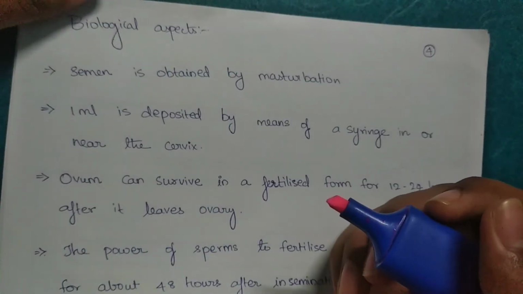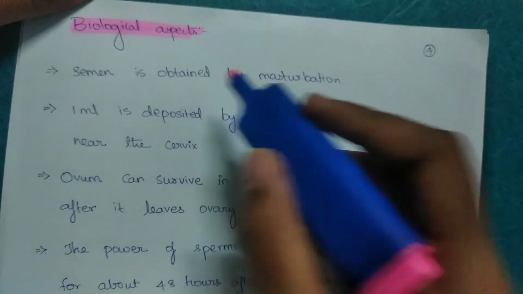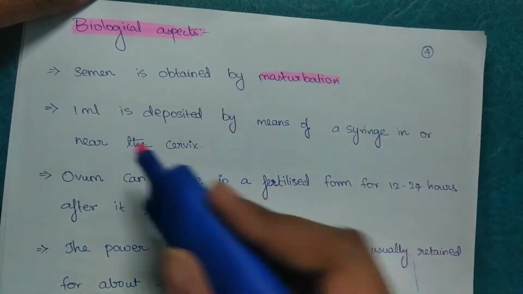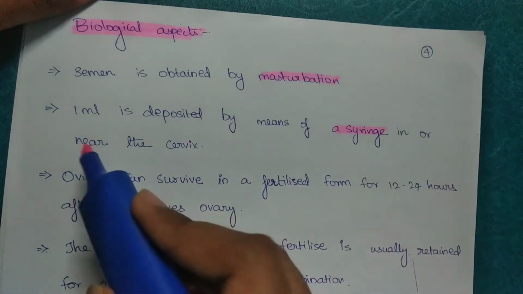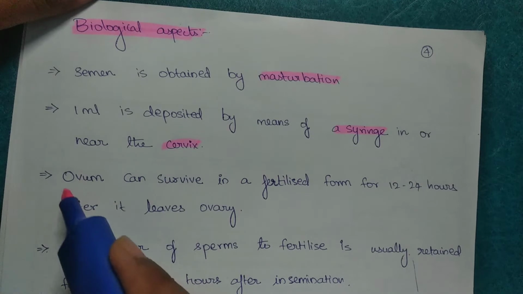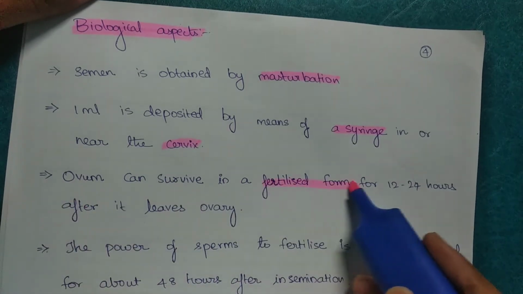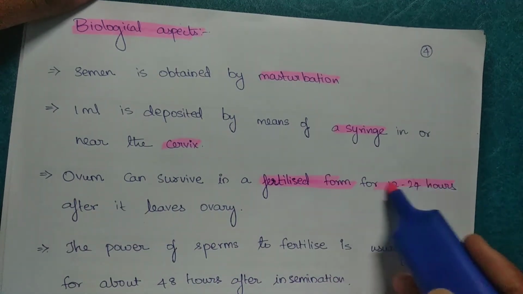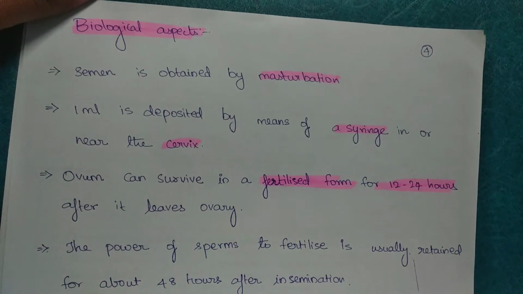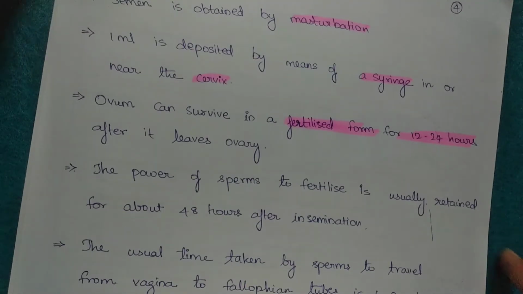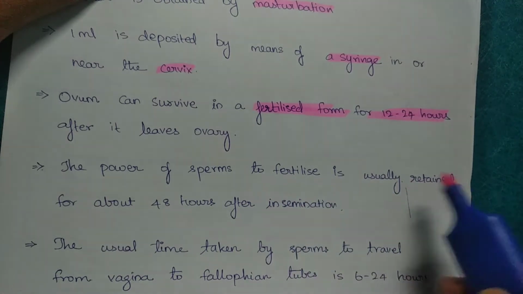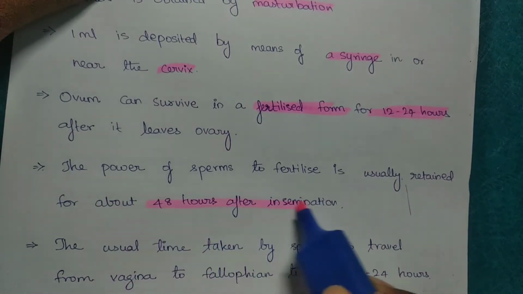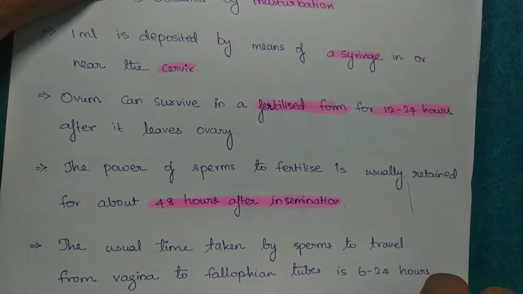Coming to the biological aspects. Semen is obtained by masturbation. 1 ml is deposited by means of a syringe in or near the cervix. The ovum can survive in a fertilizable form for 12 to 24 hours after it leaves the ovary. The power of sperms to fertilize is usually retained for about 48 hours after insemination.